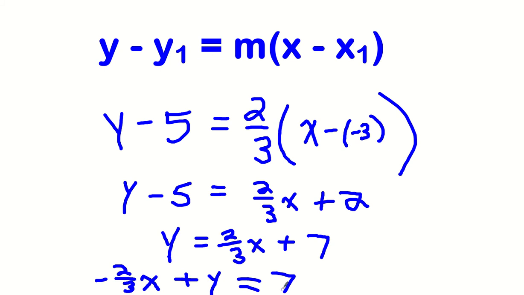Okay? So what you would have to do here is multiply both sides by something that would result in no more fractions. So what could you multiply both sides by so that you would end up with no more fractions at all, as well as this would not be negative anymore?